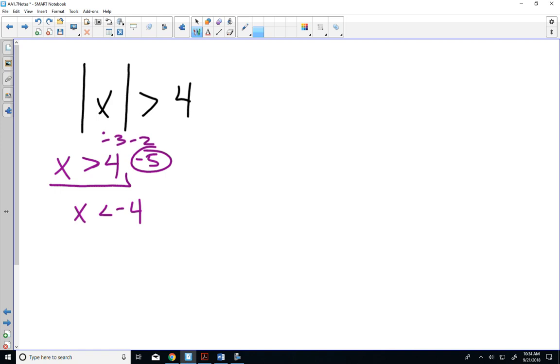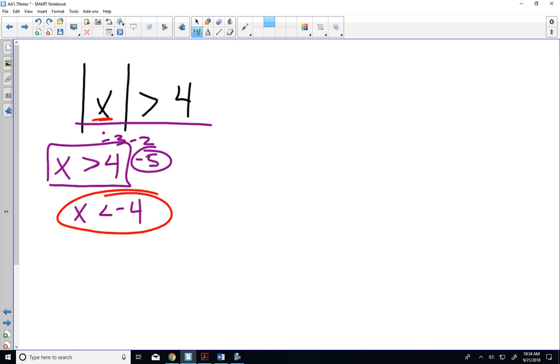So look at this statement compared to what's here. Yeah, it's the same thing without the absolute value symbols. But this statement is not the same as this. This number is the opposite of that one, and the symbol is the opposite of that one. So in an inequality, when you get rid of the absolute value symbols, that part stays the same.